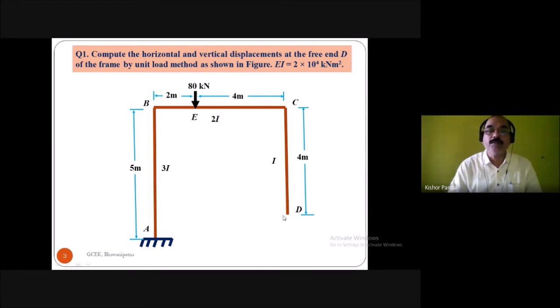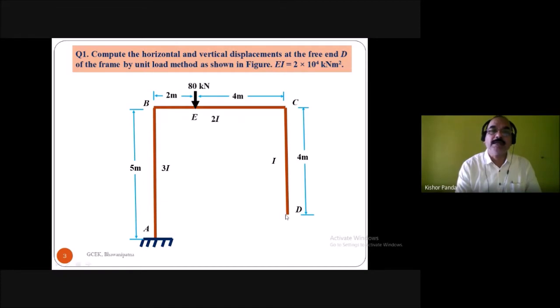So here, what you have to do? For vertical deflection, you have to apply a vertical unit load, and for horizontal deflection, you have to apply a horizontal unit load. First, you consider the external load and find the moment in each member of the frame.